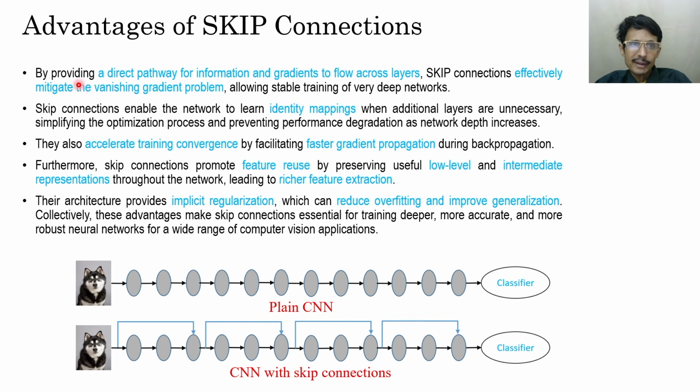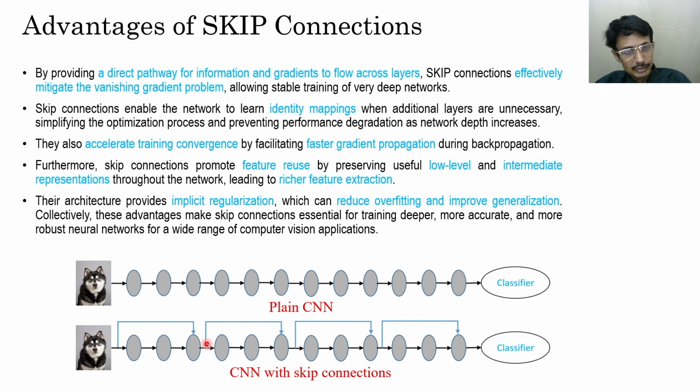Now, the first point is that it provides a direct pathway for information and gradients to flow across layers. You can see here what is happening. From here, there is a direct connection bypassing these two modules. So there is a direct connection apart from this modeling.